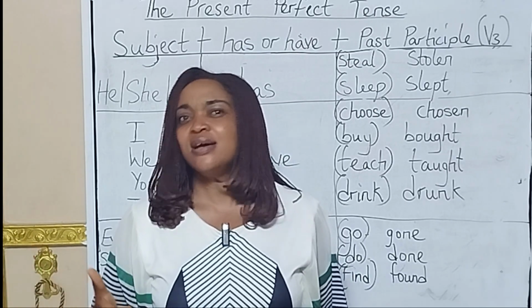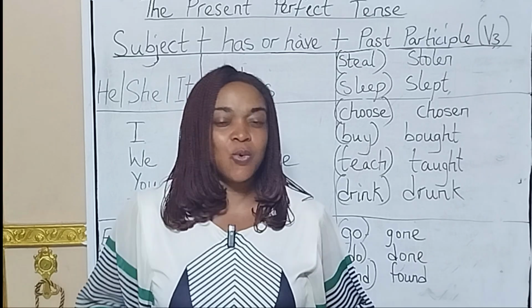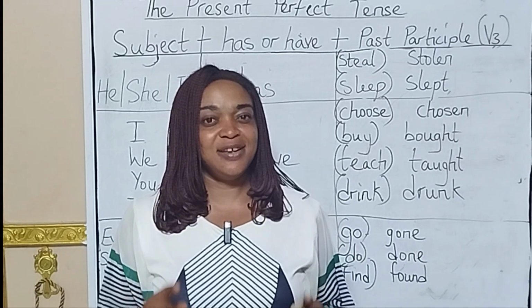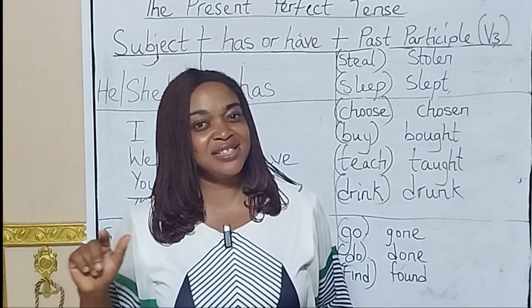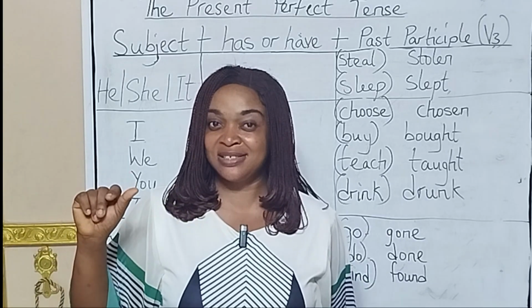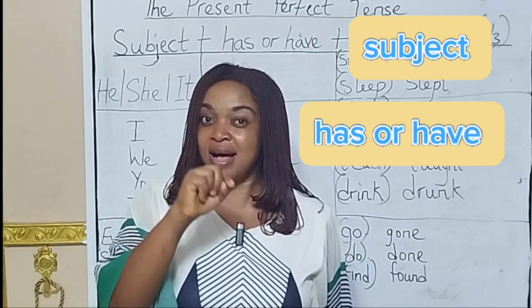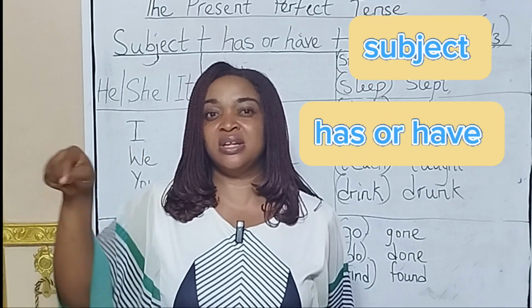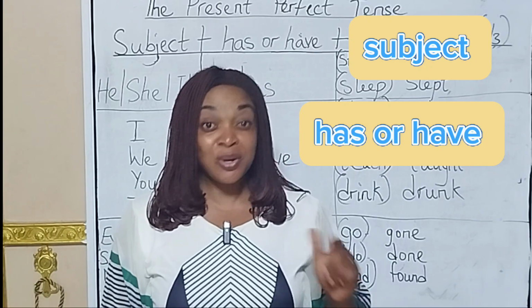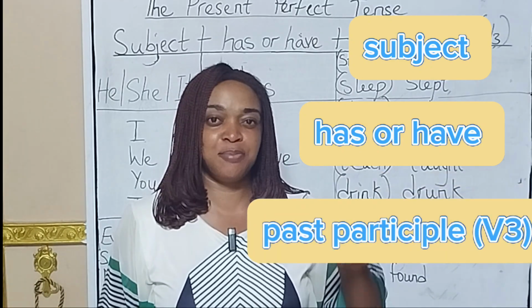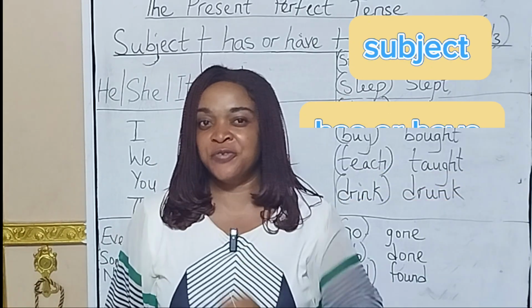All right, now that you've known that, we're going to look at the structure. What does it look like? What is the formation? What is the rule like? In present perfect tense, the rule states that you have your subject and you take has or have, which depends on the subject, plus the past participle, which is the V3 of your verb.